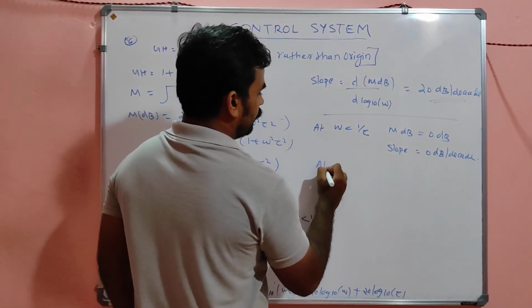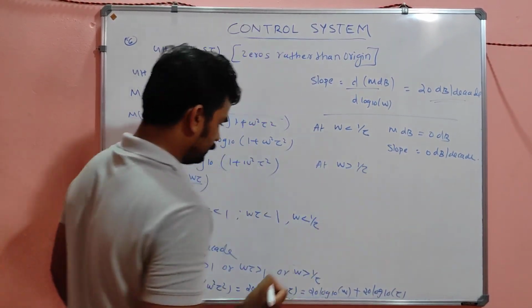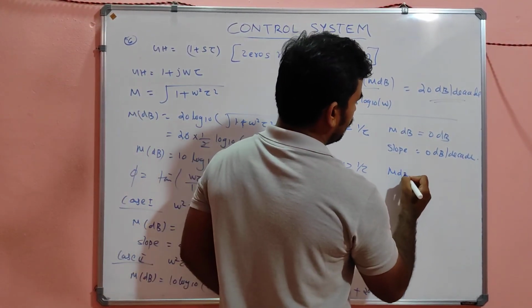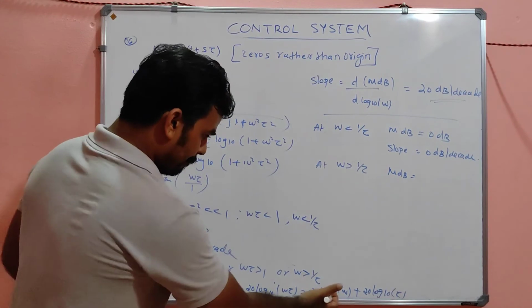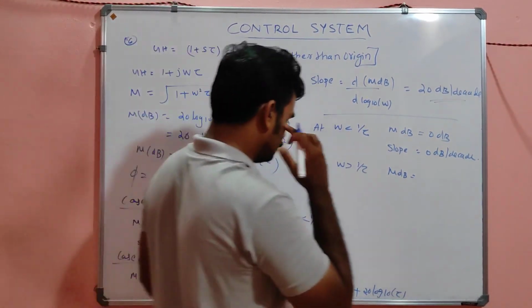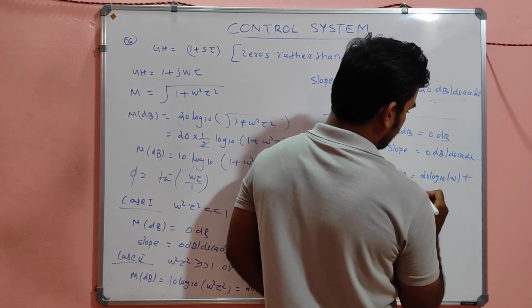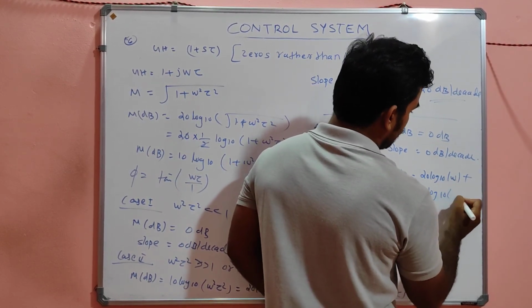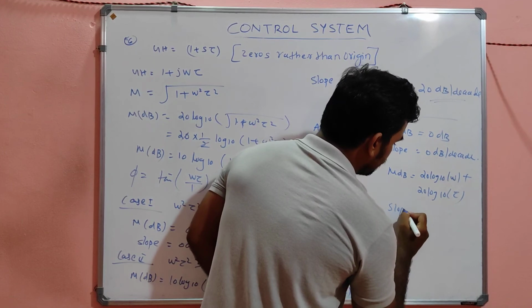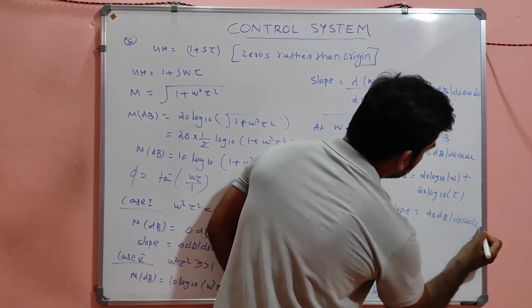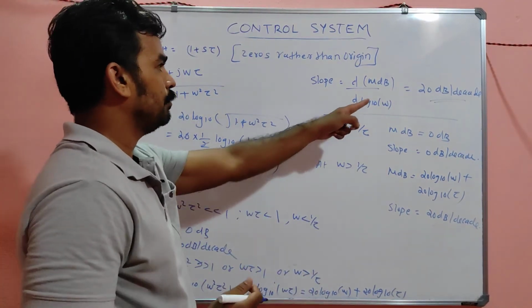At omega greater than 1 by tau, in the second case, M in dB is this much, 20 log 10 omega tau, and slope was 20 dB per decade.